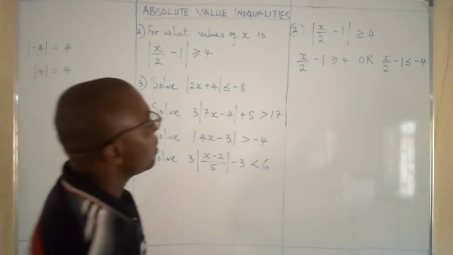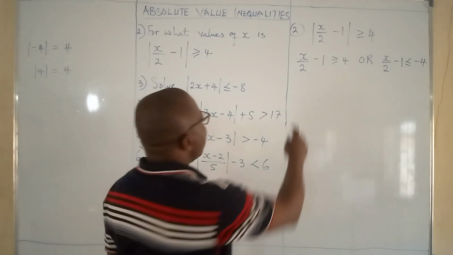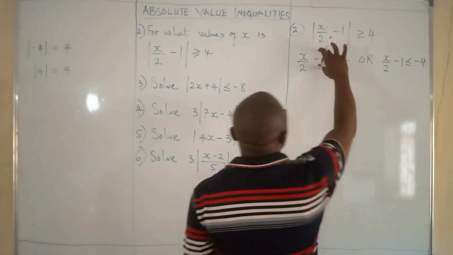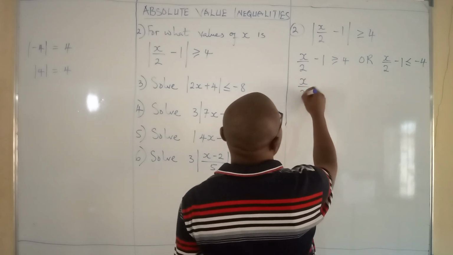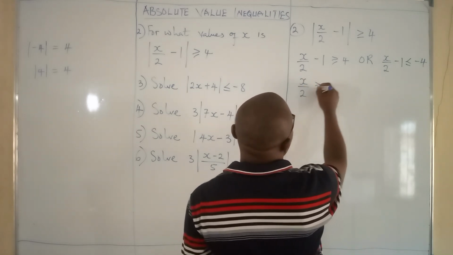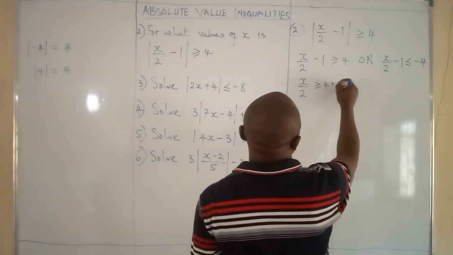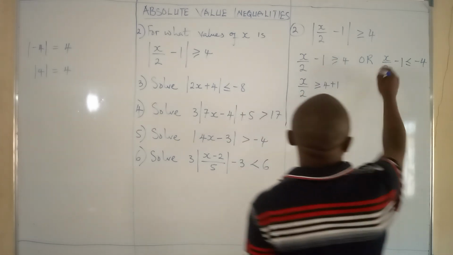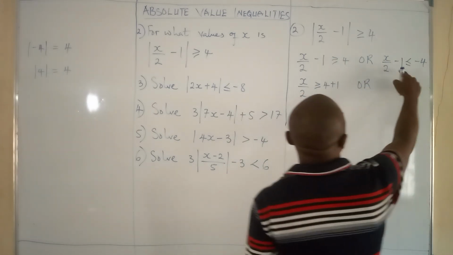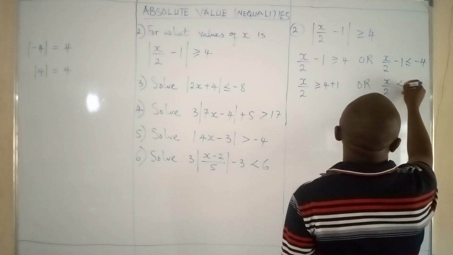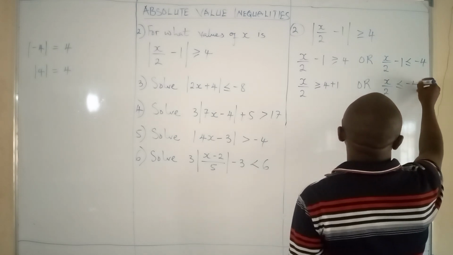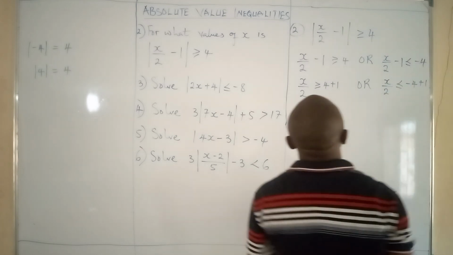All right. So from here, we can move this negative 1 over to this side, and when we do that, we have x over 2 is greater than or equal to 4 plus 1. The same thing with this one. If you move this negative 1 over to this side, you have x over 2 is less than or equal to minus 4 plus 1.